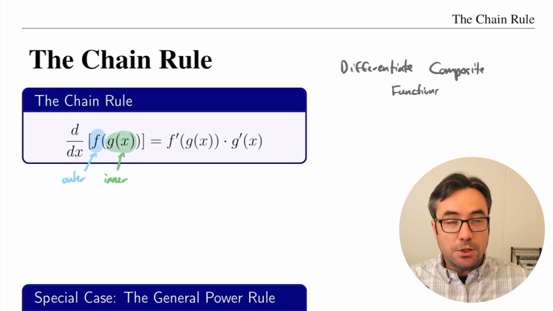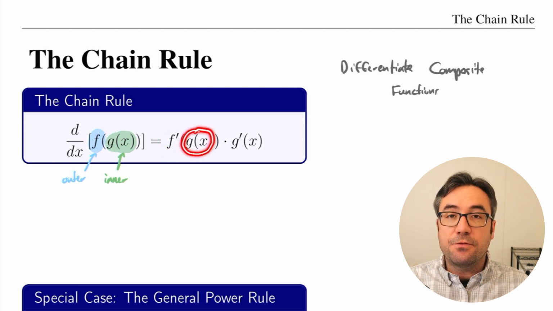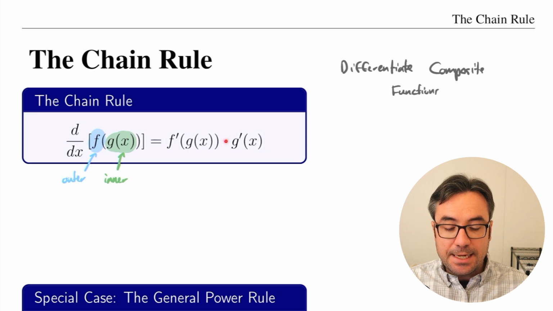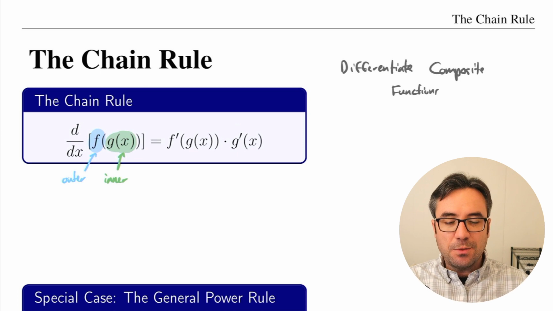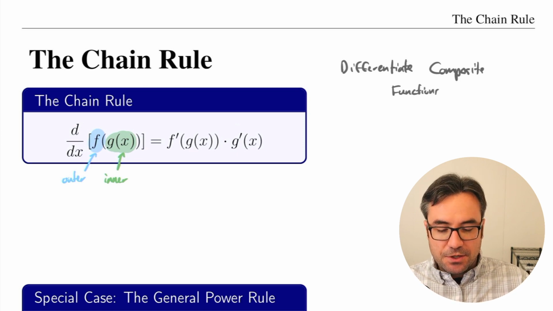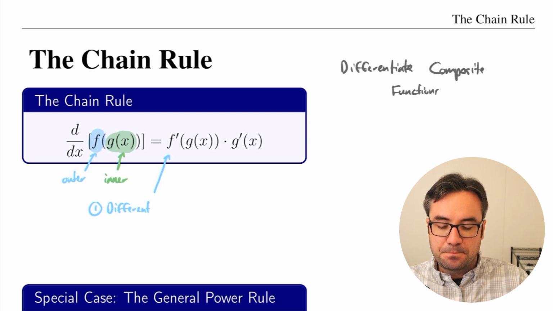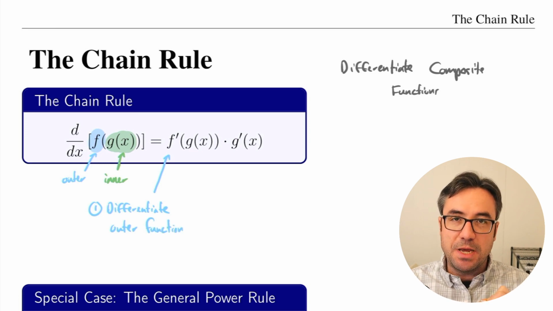What we looked at is that this derivative is the derivative of the outer function with the inner function plugged in, times the derivative of just the inner function. We can think of this as a process. The first step is to differentiate the outer function. Figure out what that outer derivative is going to be.